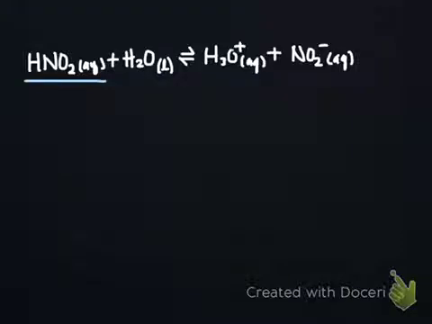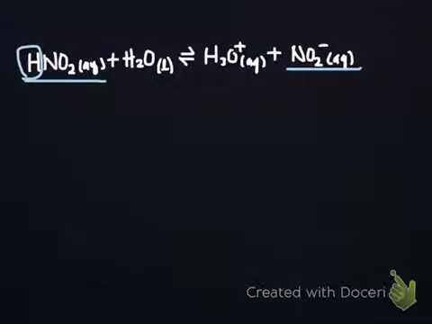So this first chemical I've underlined, I want to look at what happened to it. I actually need to look at both sides of the equation. From the left side to the right side, here's the counterpart on the right side. From left to right, HNO2 became NO2 minus. I know that it lost a hydrogen.